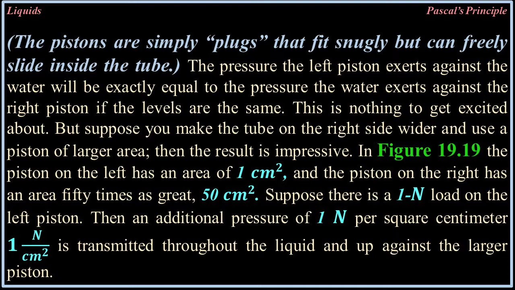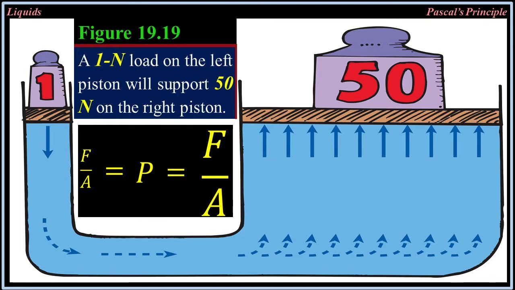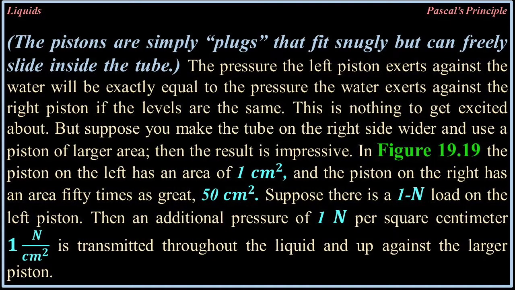This is nothing to get excited about, but suppose you make the tube on the right side wider and use a piston of larger area, then the result is impressive. In figure 19.19, the piston on the left has an area of 1 square centimeter, and the piston on the right has an area 50 times as great, 50 square centimeters.